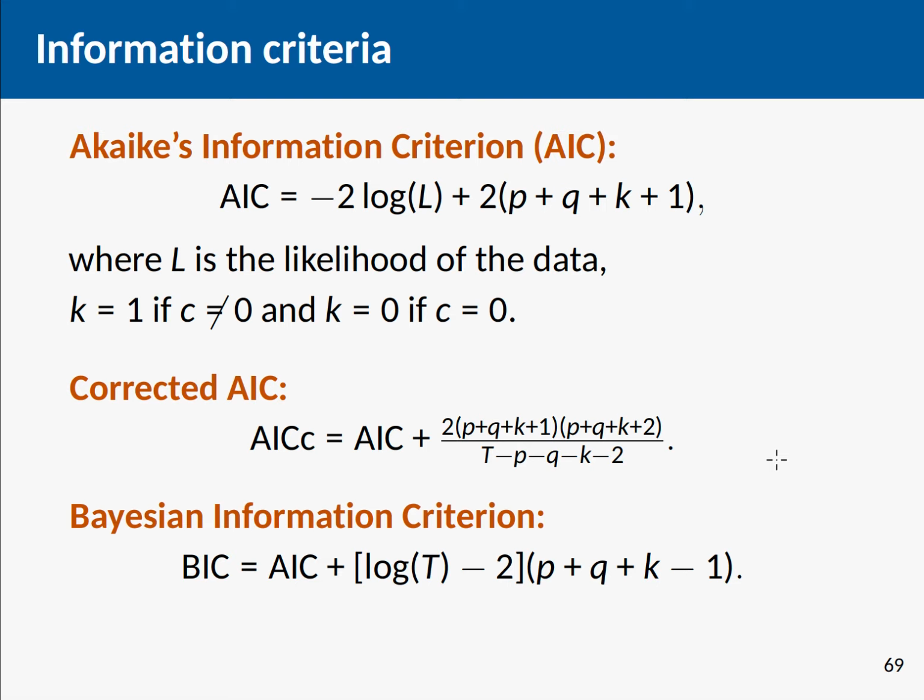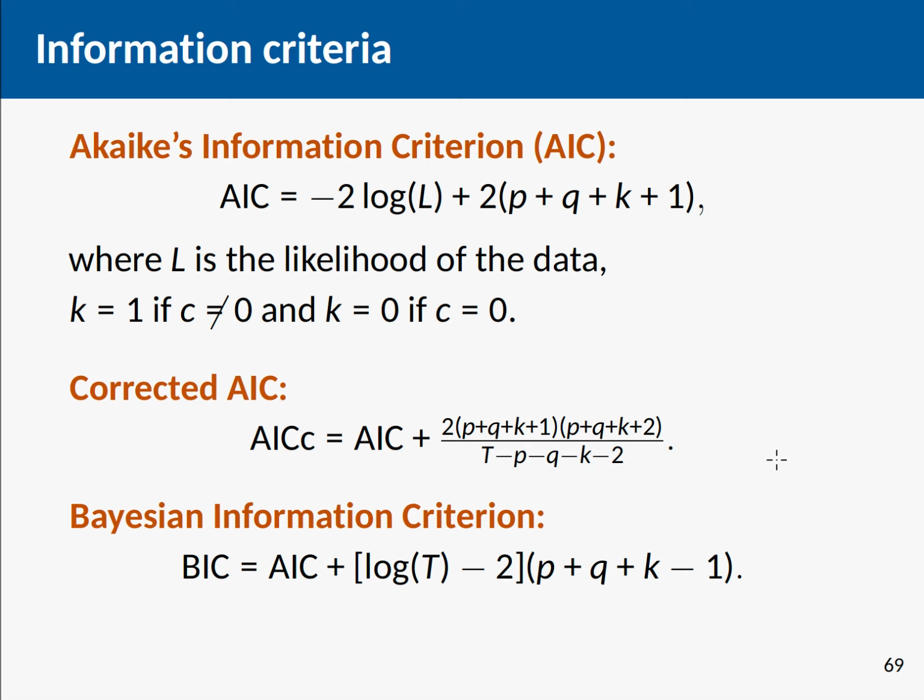So it is important for you to understand that while these information criteria are used for model selection, or the order selection for ARIMA models, they are not very good guides to selecting the appropriate order of differencing for a model.